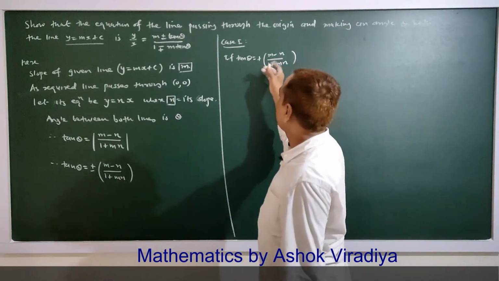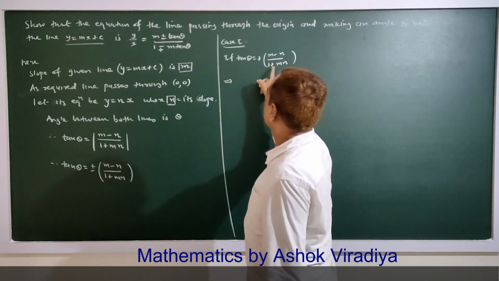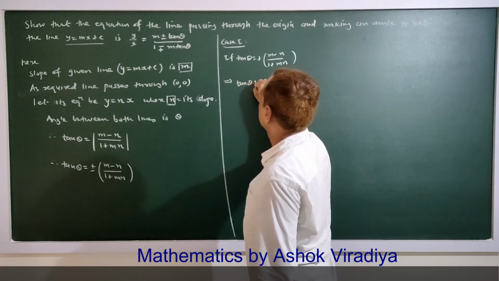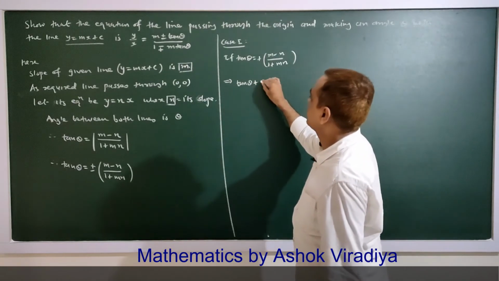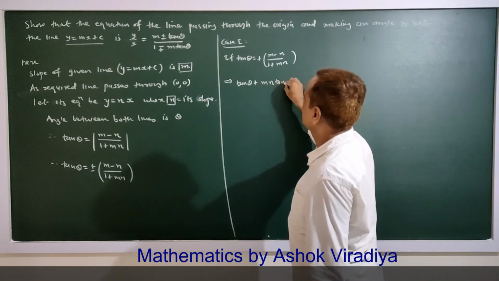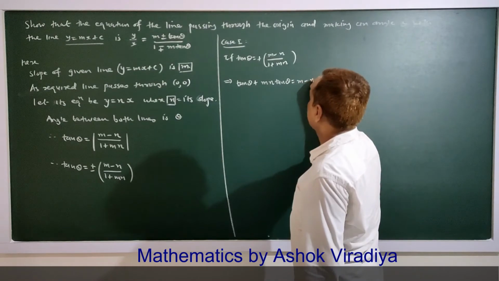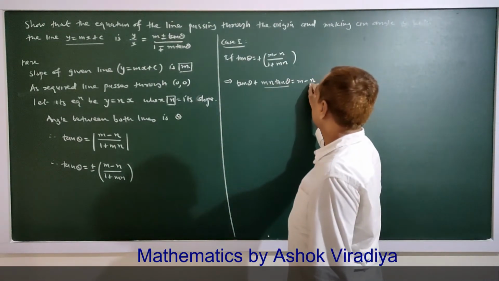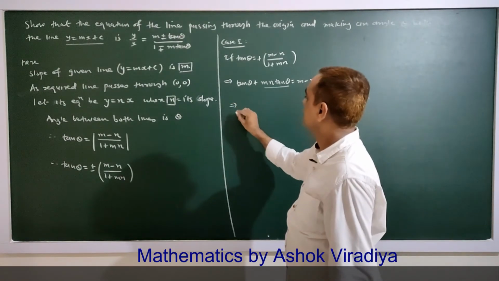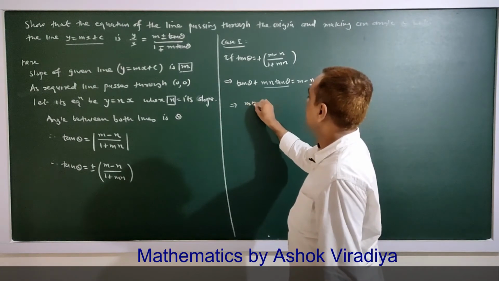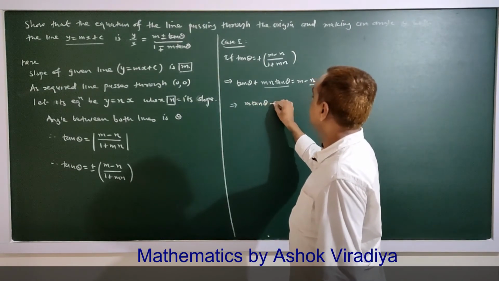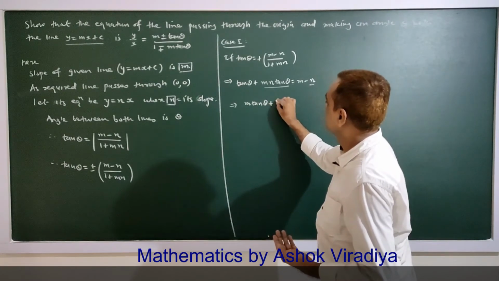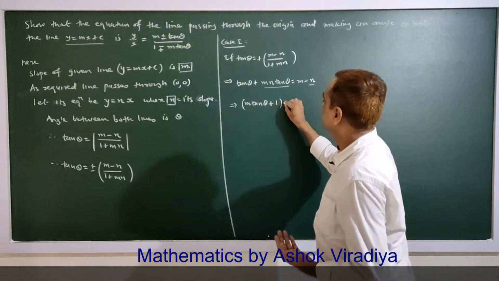So getting value of n, this means multiplying 1 plus mn on this side, so 1 into tan theta is tan theta plus mn into tan theta equal to m minus n. Now from these numbers we are taking n common, so m tan theta minus n taking on this side, so plus n, so plus 1 times n.